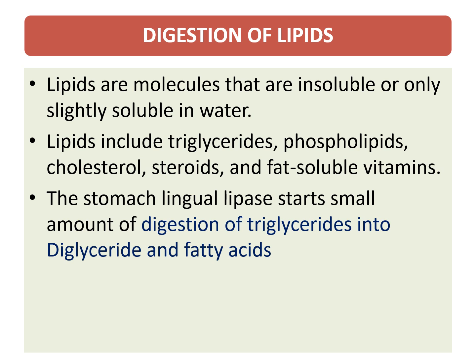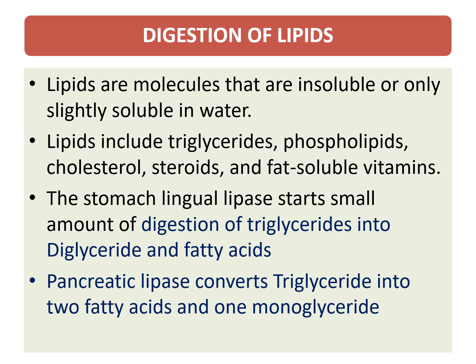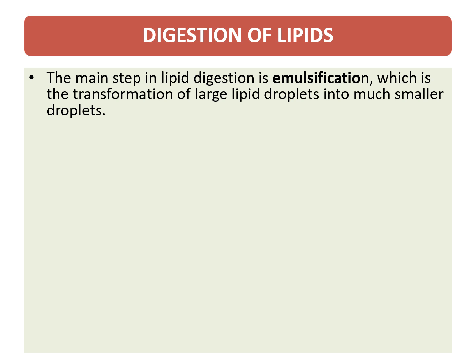The stomach and lingual lipase start a small amount of digestion of triglycerides into diglycerides and fatty acids. Mainly the pancreatic lipase converts triglycerides into two fatty acids and one monoglyceride. So we can say that the digestion of lipid mainly takes place with the help of pancreatic lipase.